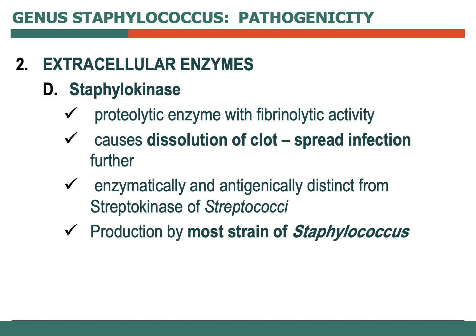Staphylokinase is also known as fibrinolysin. It causes fibrinolytic activity. Generally, the main function of staphylokinase is to dissolve fibrin clots. So the main function is fibrin clot degradation or fibrin clot dissolution.